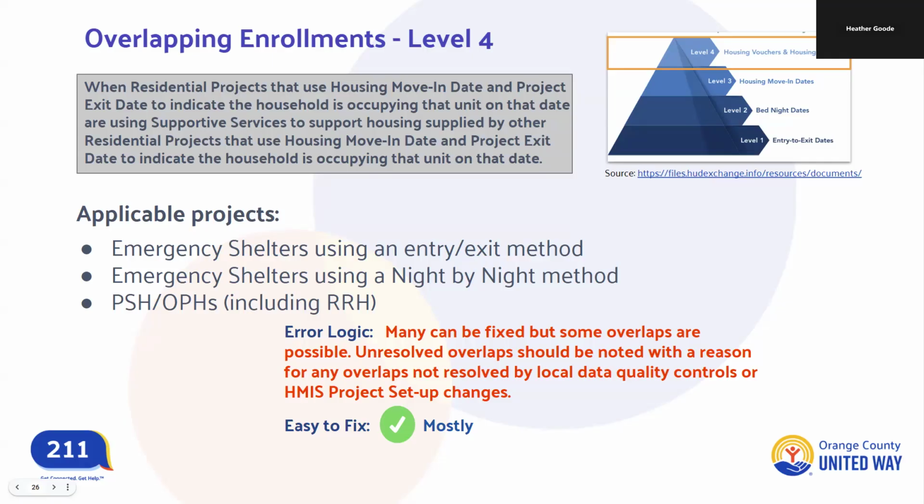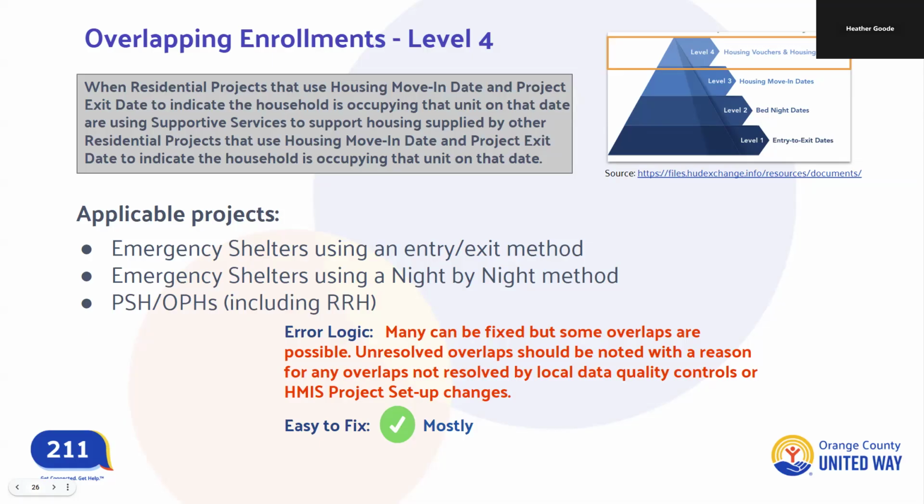So that's a lot of words, but it discusses the overlap between funders that have provided flexibility in the eligible uses of residential project grants to assist households to move into and maintain units paid for by other residential project grants.